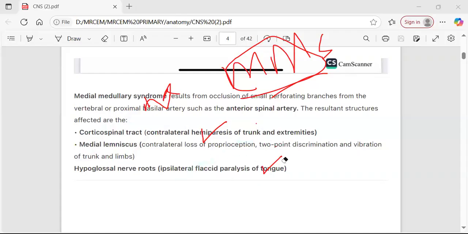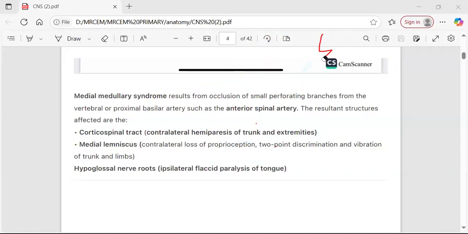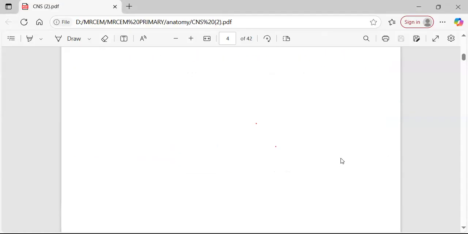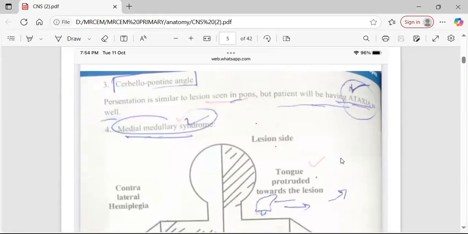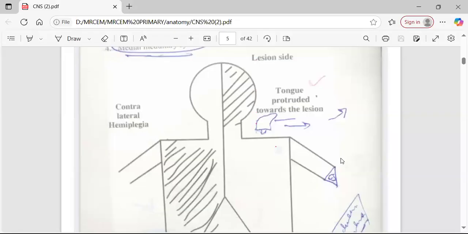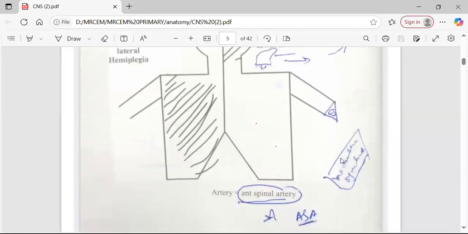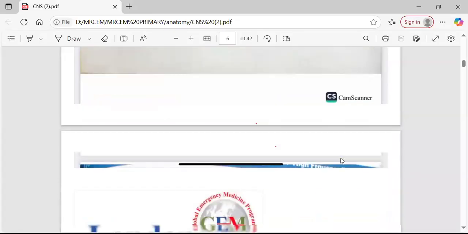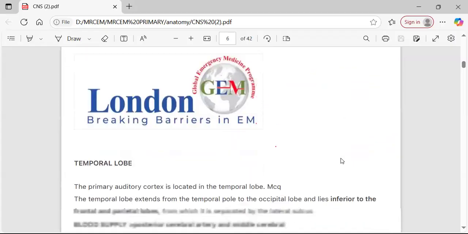I hope that would be easy to remember. So that's the medial medullary syndrome: the tongue protrudes toward the lesion side. We have discussed there will be contralateral hemiplegia and the anterior spinal artery.